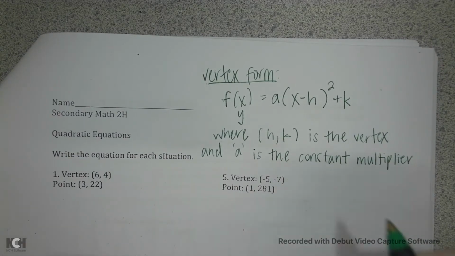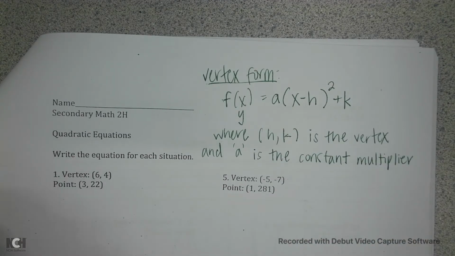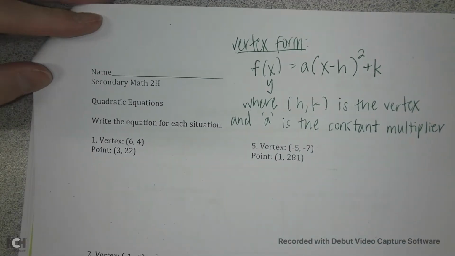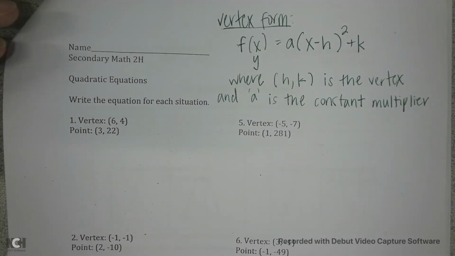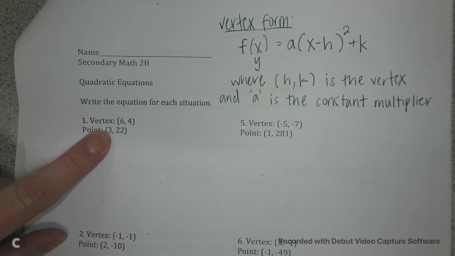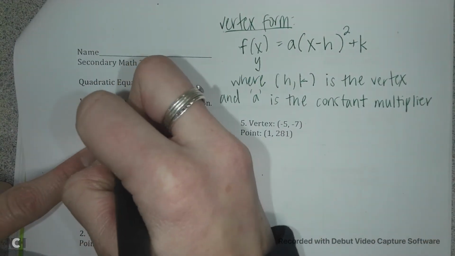Okay, so we are going to take these two pieces of information, a vertex and a point, and we are going to create an equation. Okay, so your vertex is your h and k, and your point is your x and your y.